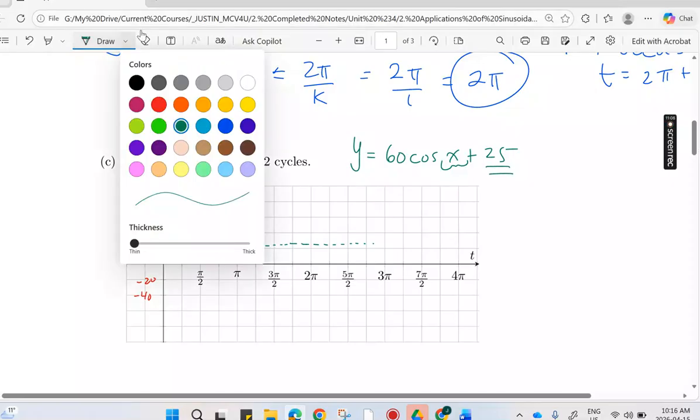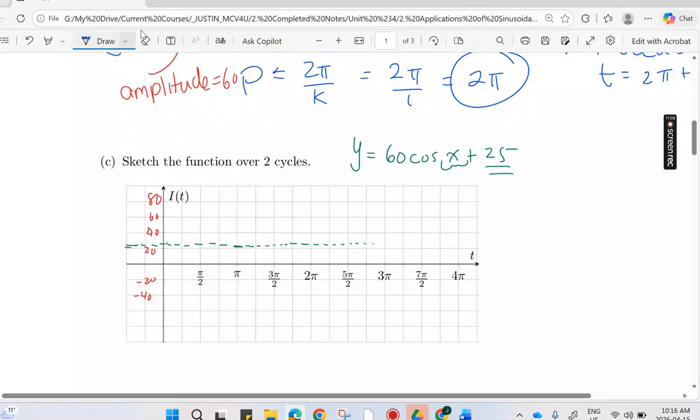So where's our max? Our max is from the middle plus 60. So 25 plus 60 is 85. So 85 would be about right here, 80 just above it. I'm going to draw a dotted line here. I wish there was a line drawing tool on this thing. It goes right across.